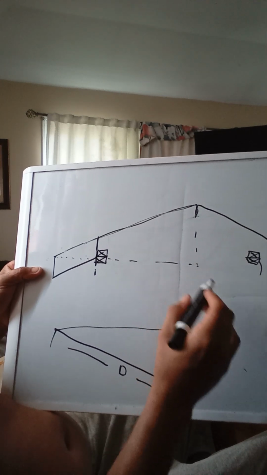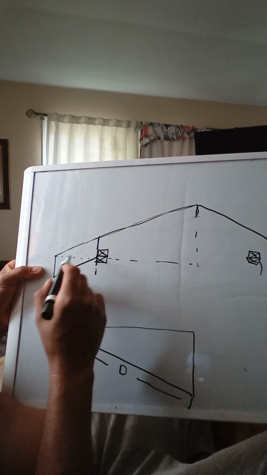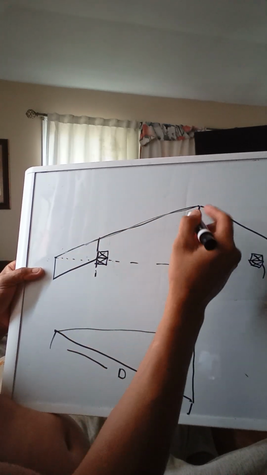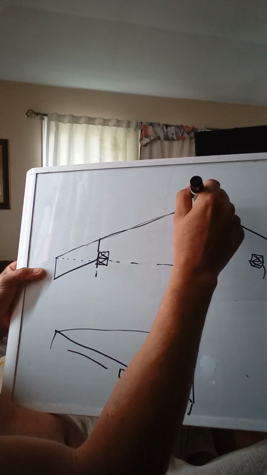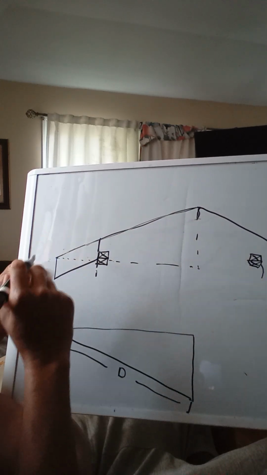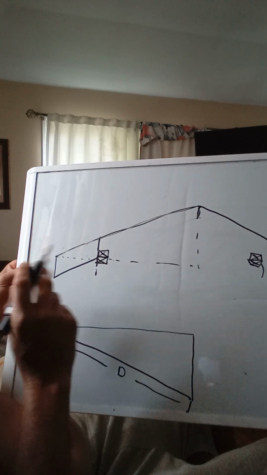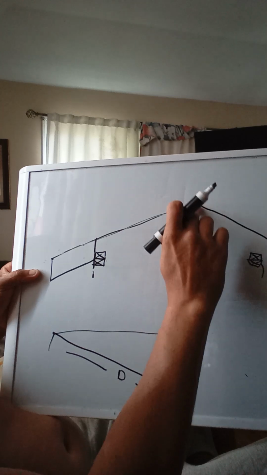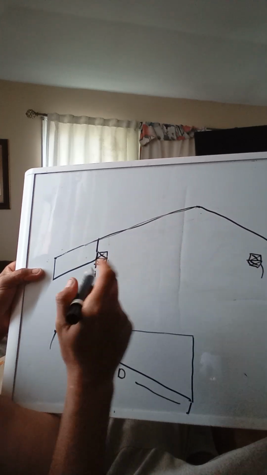You're gonna have a different rise. You can calculate that run and that rise to be different, and it's gonna extend when you do the math from your ridge, and your sleeper is gonna be longer, right? We could do the math for all that stuff. It don't matter to me.